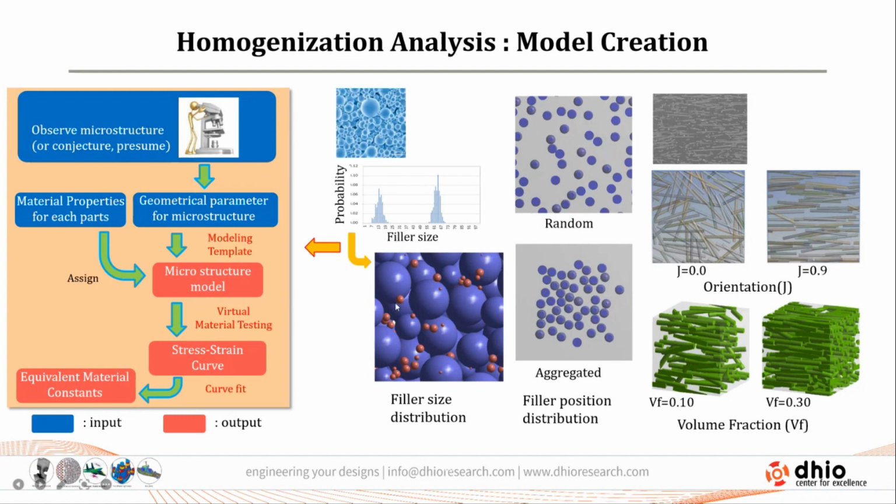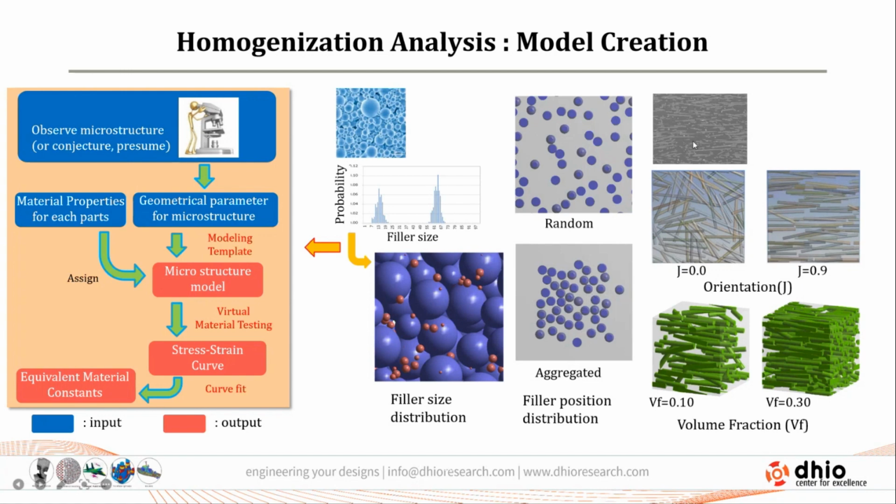Using this information, we can construct the model, and there are some options: the fillers can be distributed randomly, in an aggregated manner, or in a biased manner. These are the different distribution types; there are different options available in multi-scale sim.